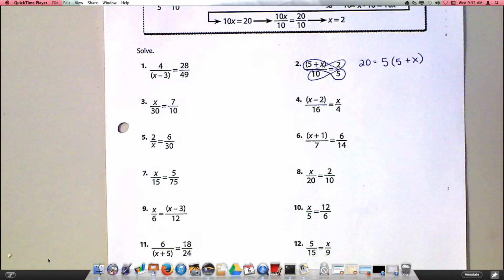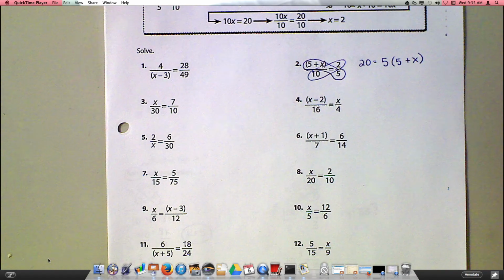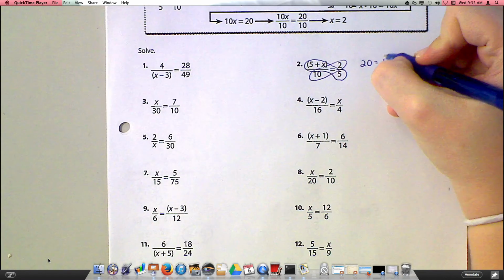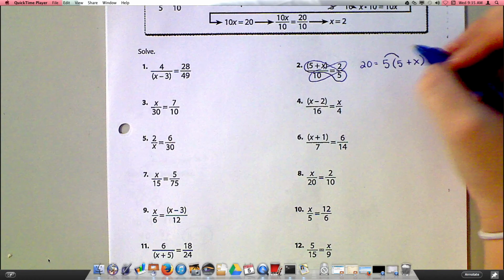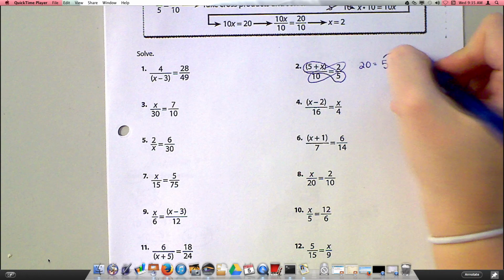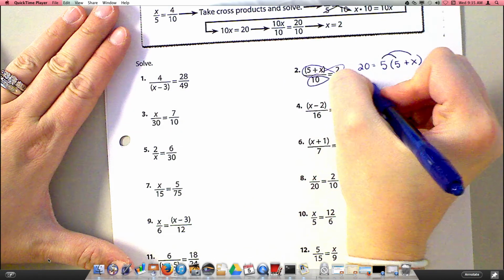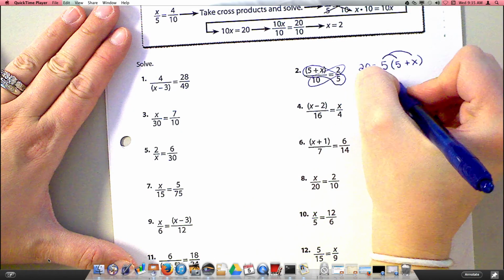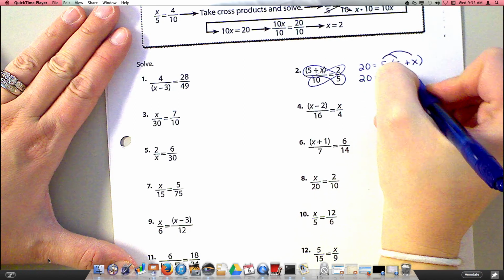That setup? All right. What do I do now to solve this? Go ahead, Darian. Tell me what to do. You do 5 times 5. Okay. And then I would also do the 5 times x. So I would end up with 20 equals 25 plus 5x.